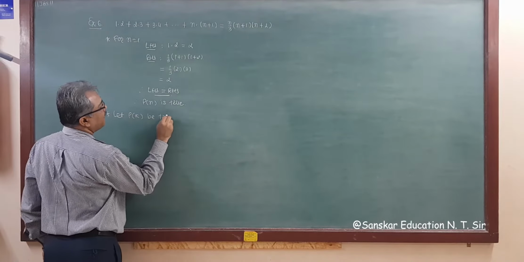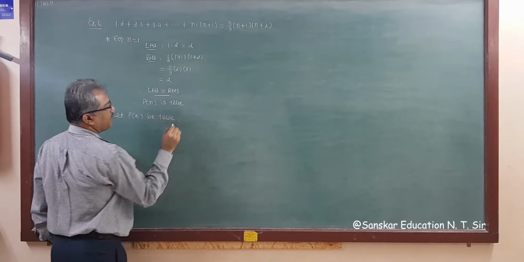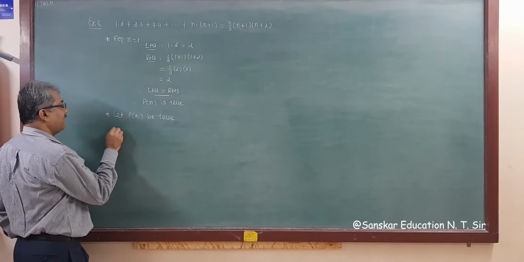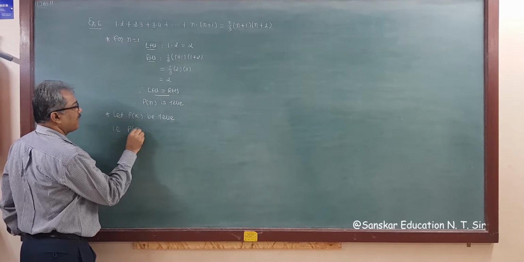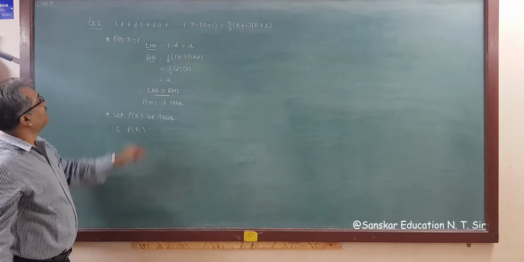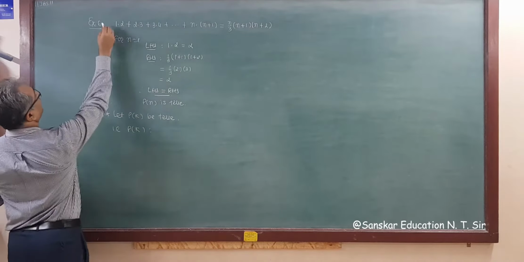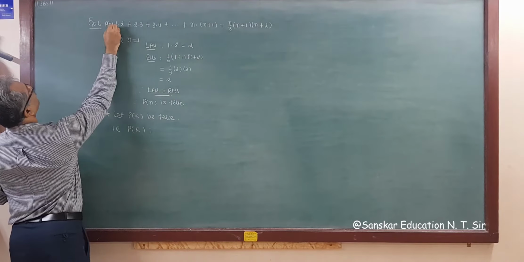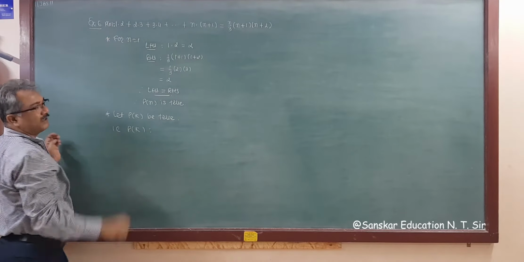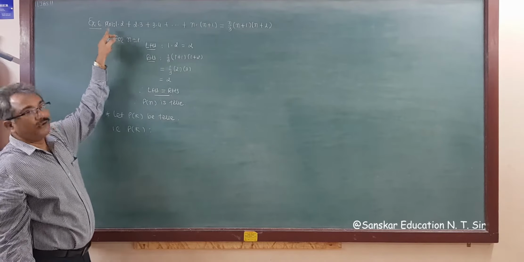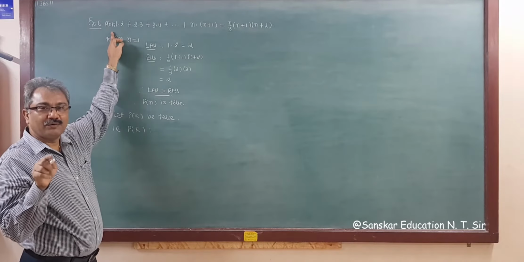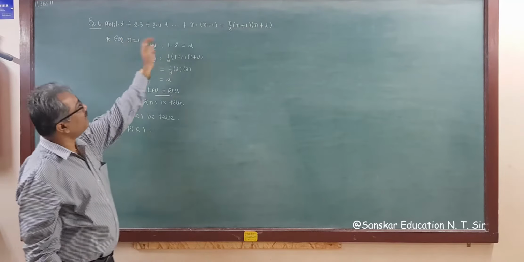Now P(k). Let P(k) be true. Right? This is your P(n). I am writing here, this is your P(n). So you have to substitute n is equal to k.